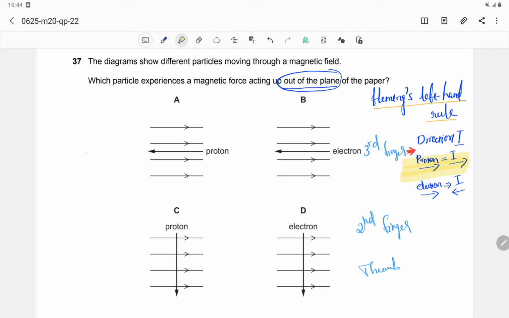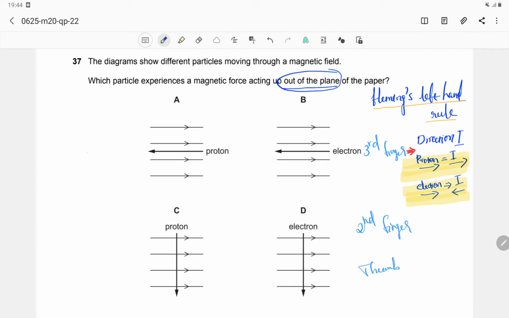But if the charged particle is an electron, the charge of the electron is negative, so you should consider the current direction just opposite to the flow of the electron. This is mainly because conventional current is considered to be in the opposite direction of the flow of electrons. So you have to look at whether the particle's charge is positive or negative. Only then will you be able to decide the direction of the third finger or the middle finger.